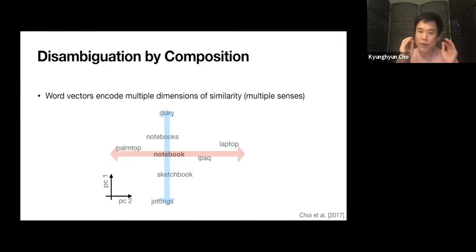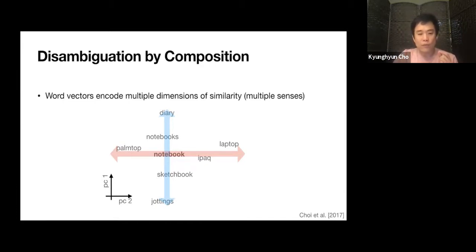In fact, this is the projection, or the dimensionality reduction, of the high dimensional word vector of notebook and its nearest neighbors. And what we see is that the first dimension corresponds to the first sense of the word notebook, while the second dimension corresponds to the second sense of the word notebook. And it really automatically arises.